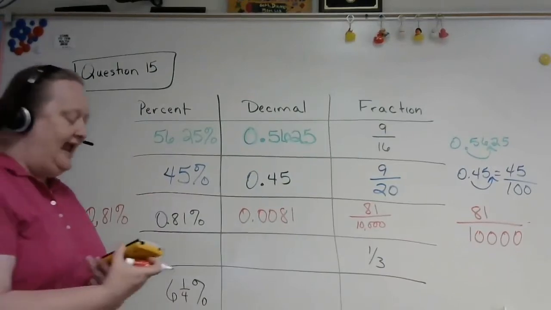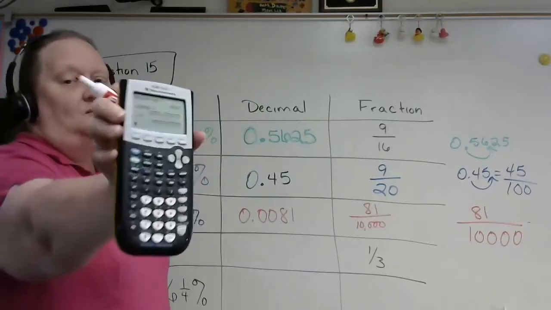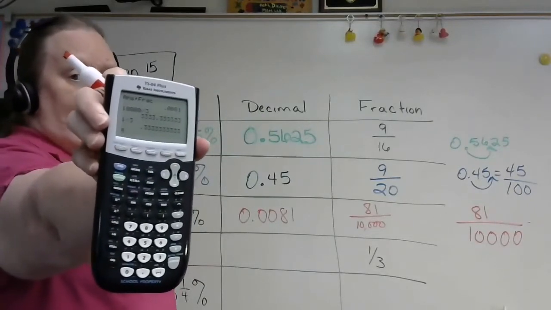Okay, the next one we have is 1/3. So that's 1 divided by 3. Notice that that will give us repeating 3s.